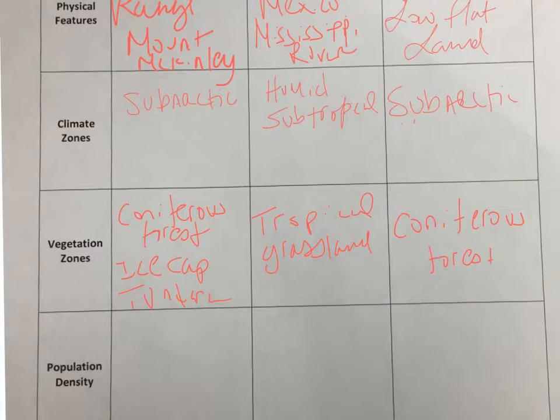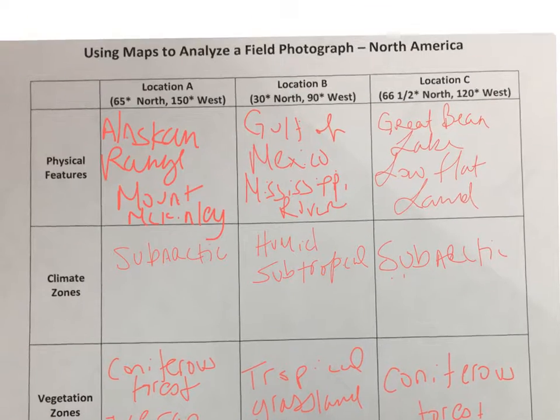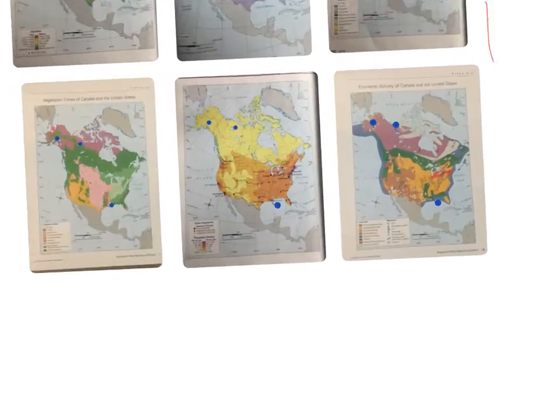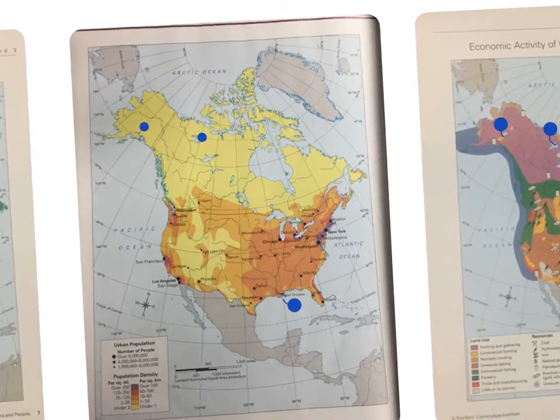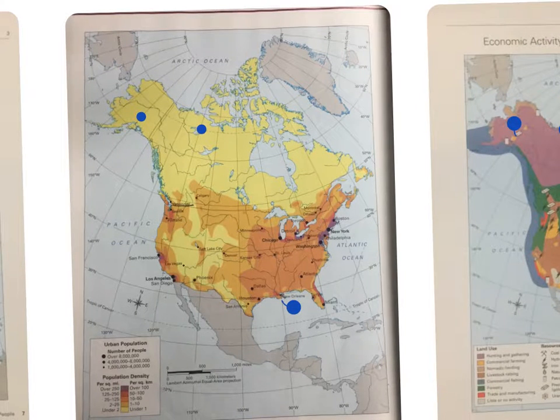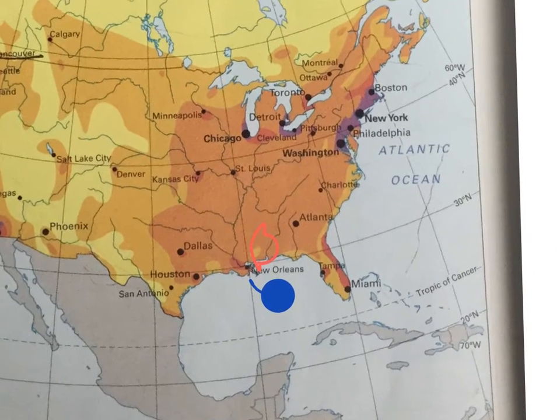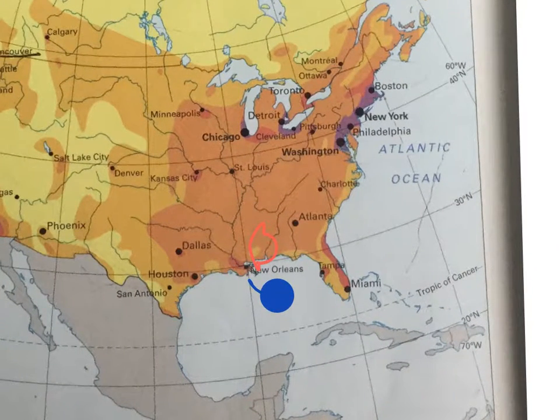Now let's look at population density. I go to my population density map. Location A, location B, and location C. Now I want you to notice on location B how I put the circle down, but I also have this line coming off here.